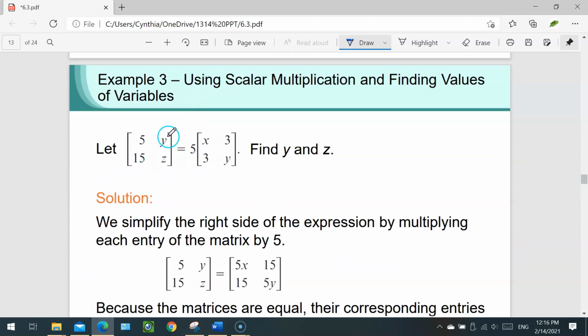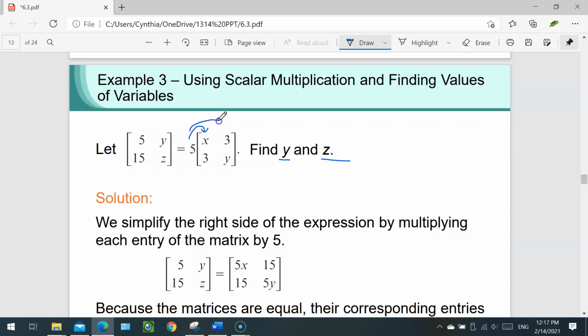Now we do this example. One matrix I have 5y, 15z, which is a 2 by 2. The right hand side matrix I have x, 3, 3y. However, outside has a scalar number there. Now you need to solve for y and z. We use the same concept when we process the algebra.